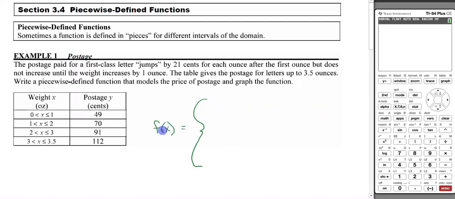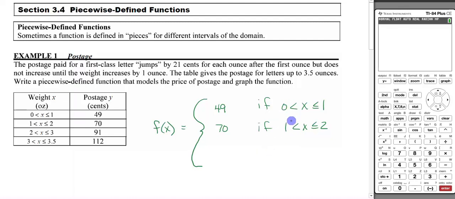So the postage is going to be 49 cents if x is less than or equal to 1 ounce but greater than 0 ounces. It'll be 70 cents if x is 2 ounces or less but greater than 1 ounce.